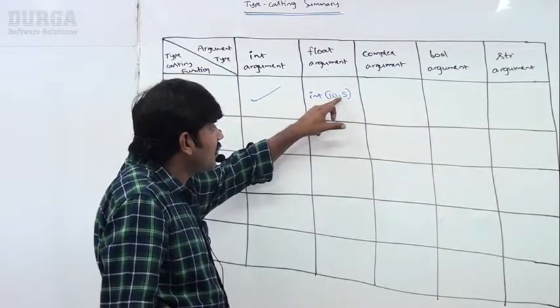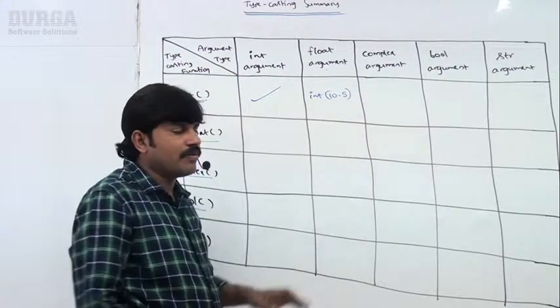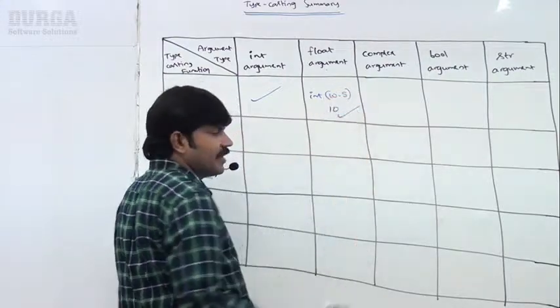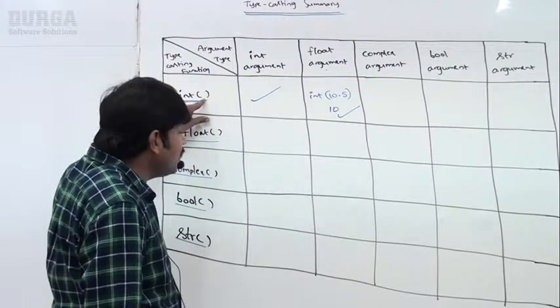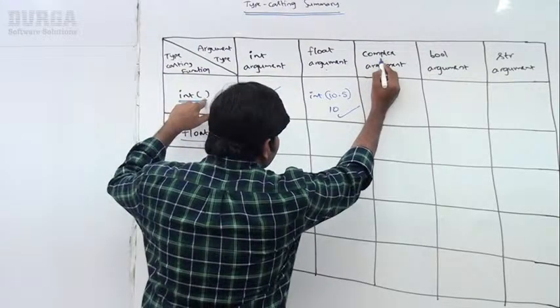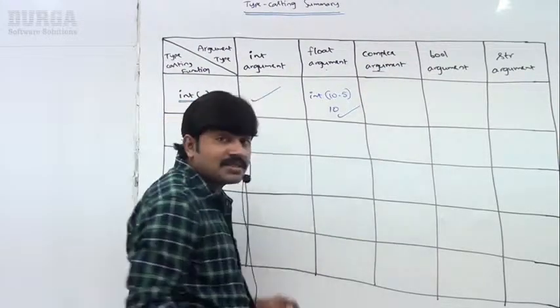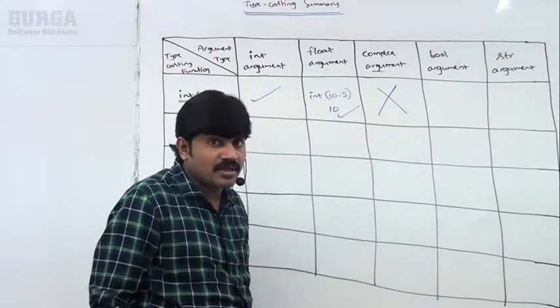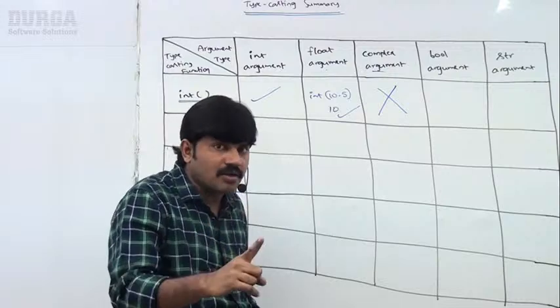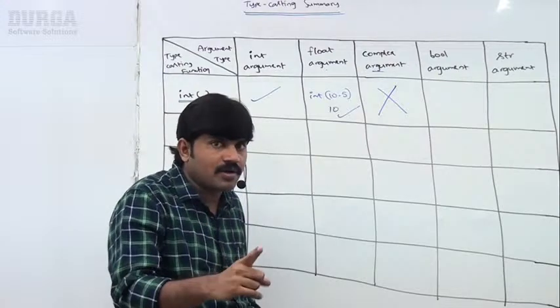The digits after the decimal point will be gone. 10 is the answer we are going to get. Next, for the int function, if you pass a complex number as the argument, immediately we are going to get a type error. The reason is that you can't convert a complex number to int type.